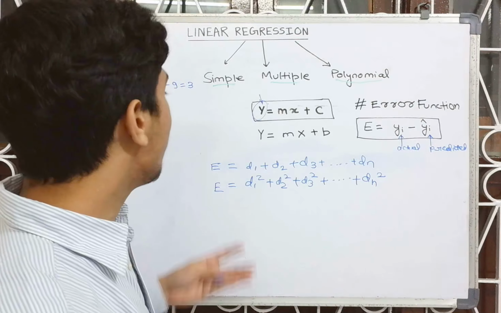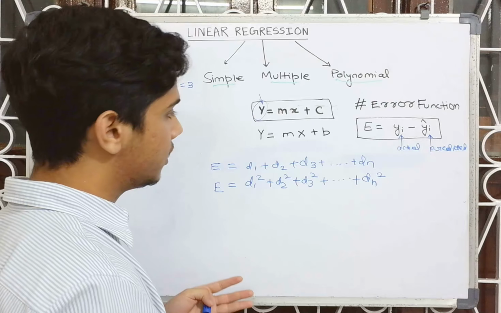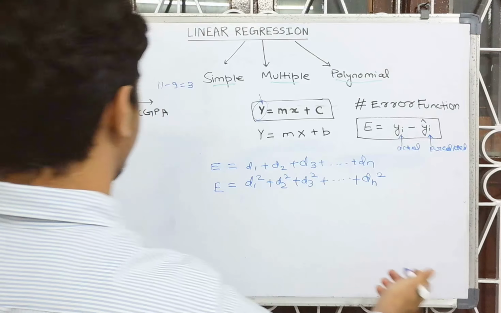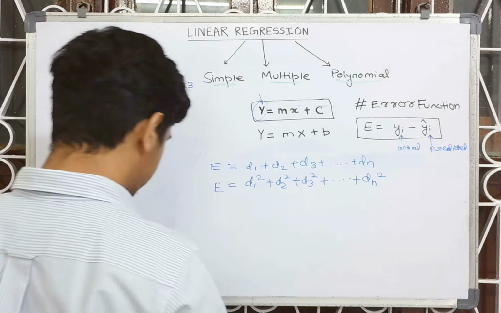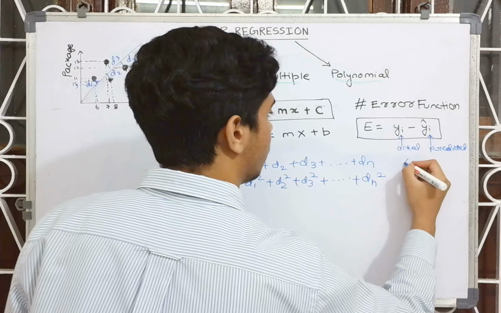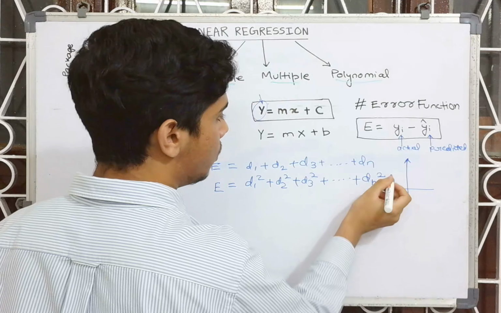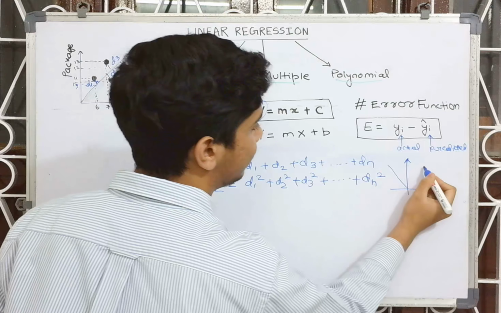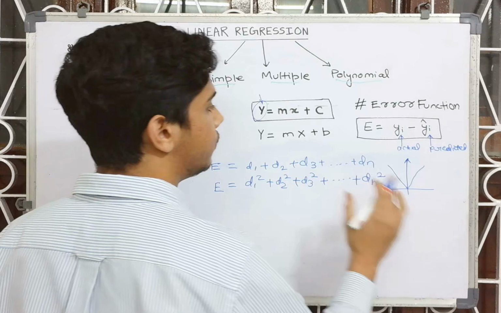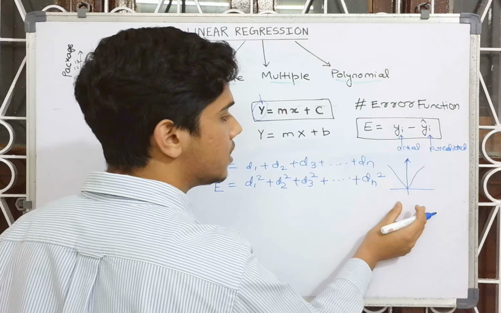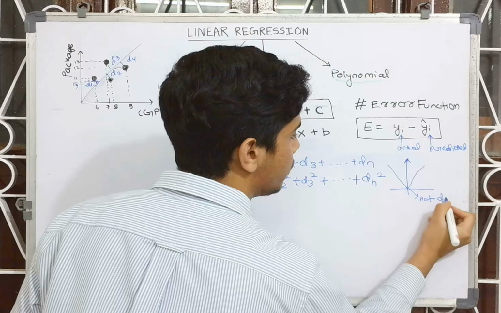You must be thinking why we did not take the modulus of this D. Because if we take the modulus of D, the error function will look something like this. And if the error function is like this, then it is not differentiable at 0.